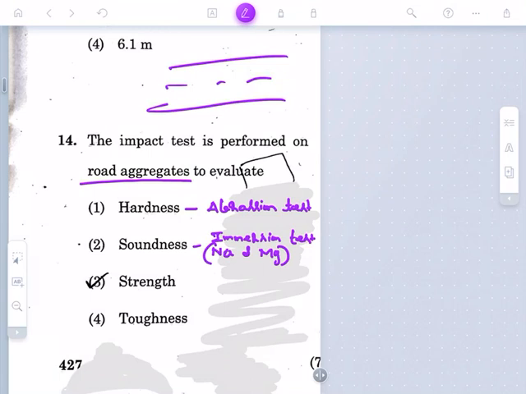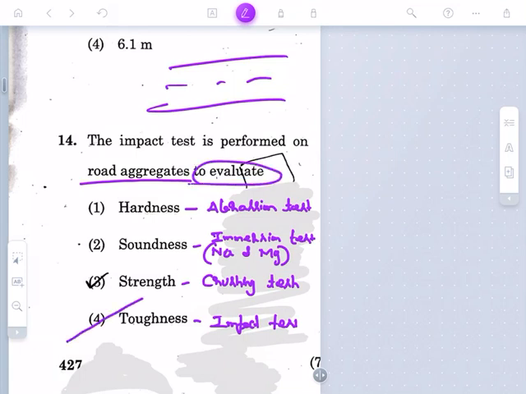Strength of the aggregates can be found by the crushing test. Toughness of the aggregates can be found with the help of the impact test. So the answer for this question is: impact test is performed on road aggregates in order to evaluate toughness.